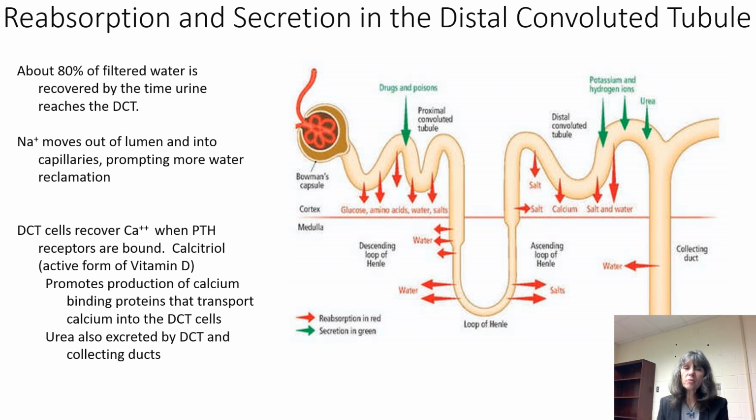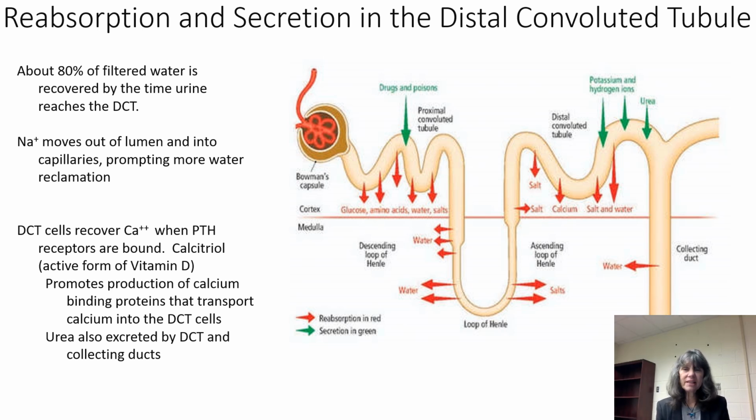When parathyroid hormone receptors bind to the cells in the distal convoluted tubule, that will cause calcium to be reabsorbed, and it will also stimulate calcidiol to be converted into calcitriol, which is the active form of vitamin D, because the parathyroid hormone will facilitate an enzyme called alpha-1 hydroxylase, and that's what converts calcidiol into calcitriol.